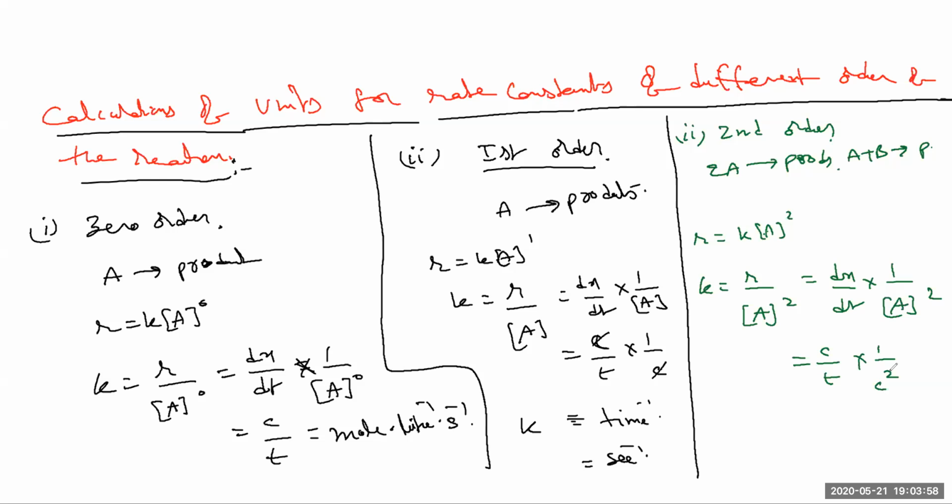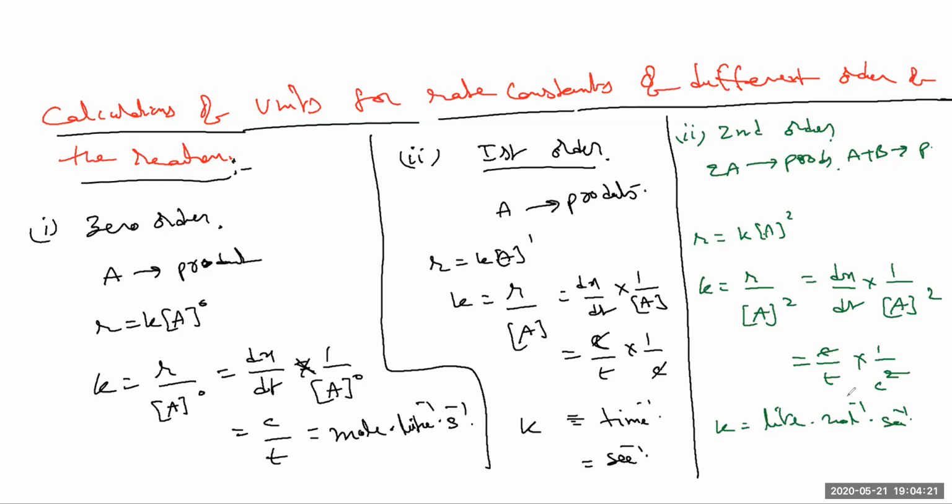Here C square cancels. So in the denominator, moles per liter. In the denominator, moles per liter means when liter comes up, it is positive. Therefore, K units are liter mole inverse second inverse.